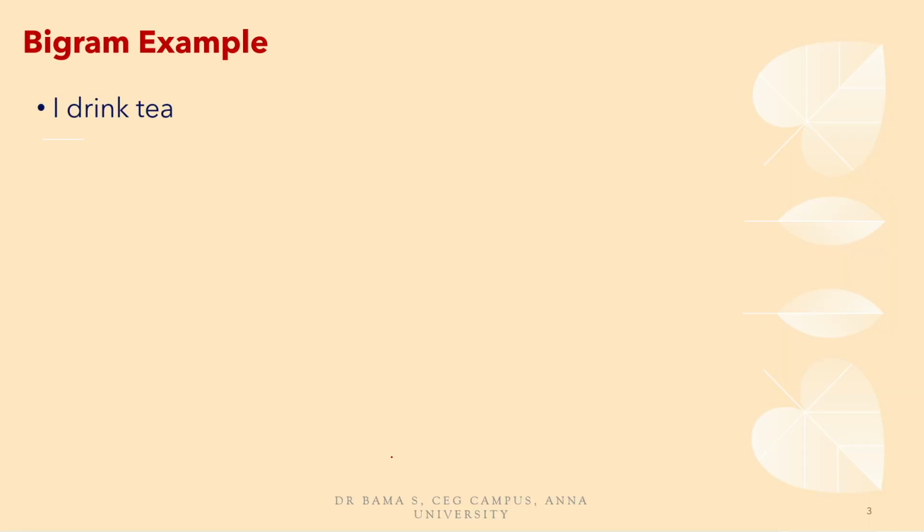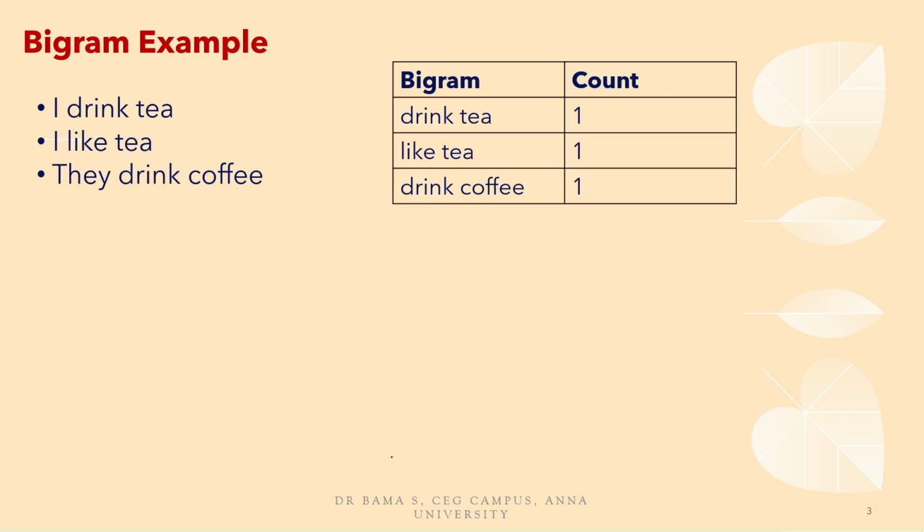Here is the same type of example that I took from last time. The first example is I drink tea. Second example, I like tea. Third example, they drink coffee. These three statements are S1, S2 and S3.